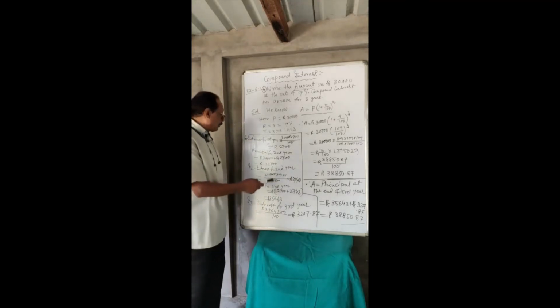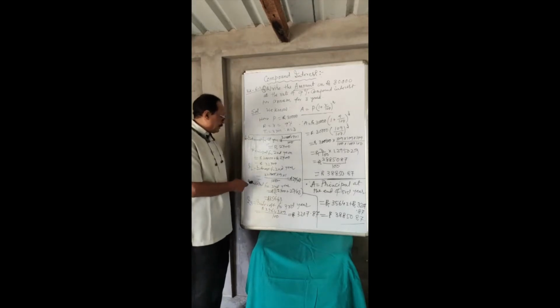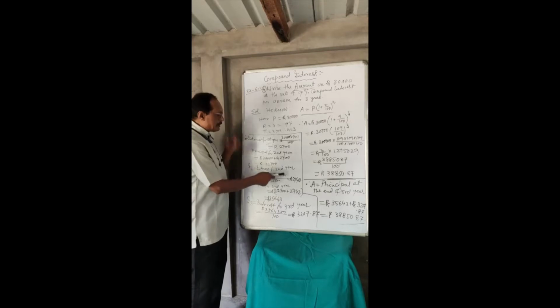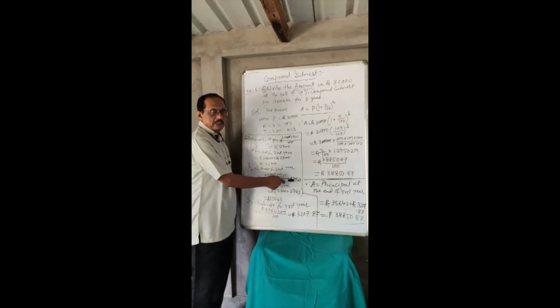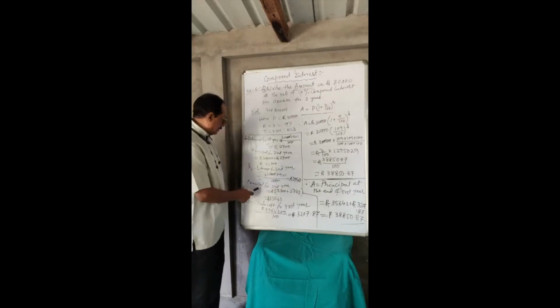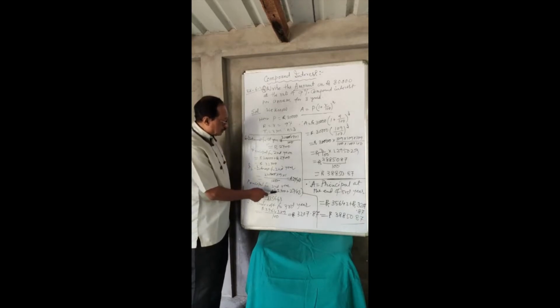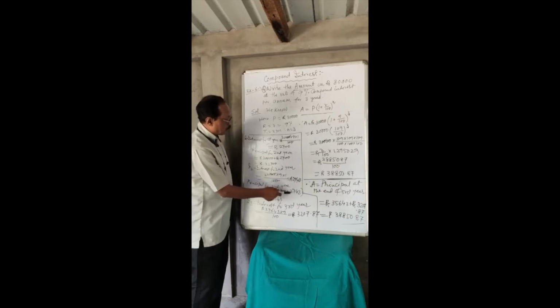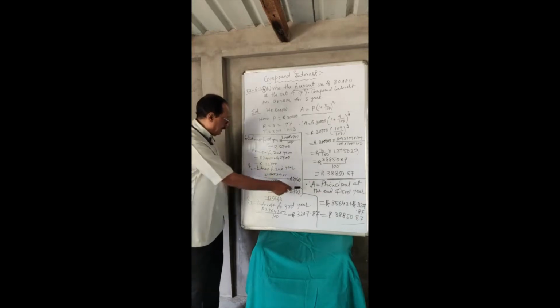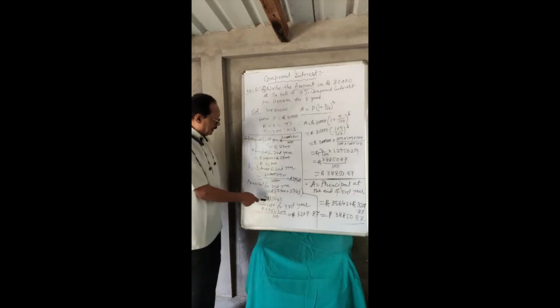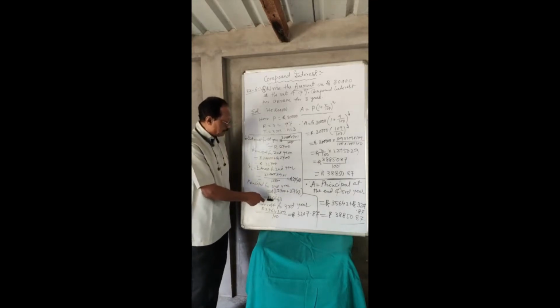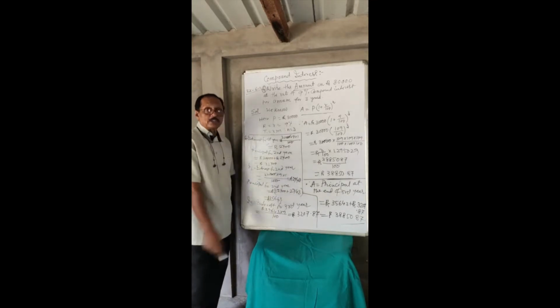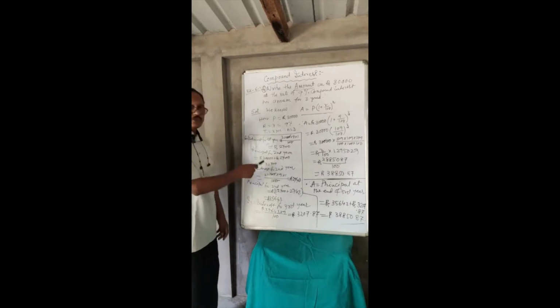So the principal for the third year will be the previous year principal plus the interest of the second year, that is 32,700 plus 2,943. Adding them together, it is coming 35,643 rupees as the capital for the third year.